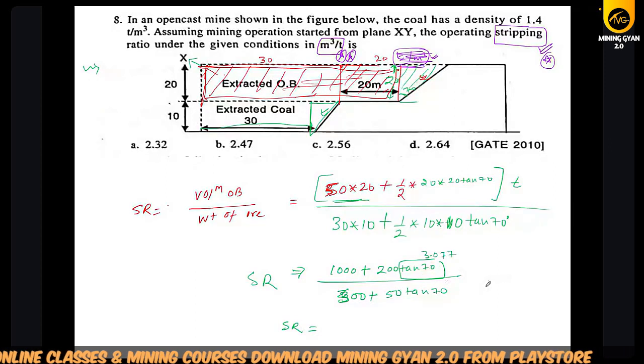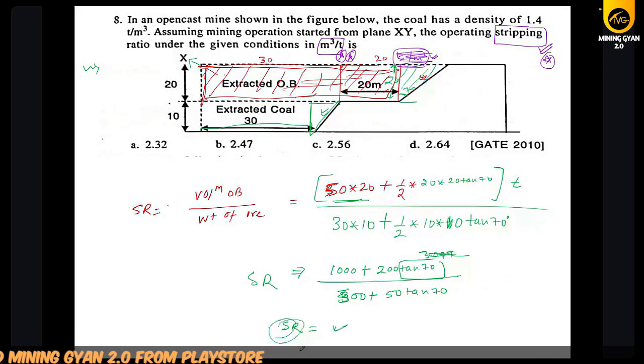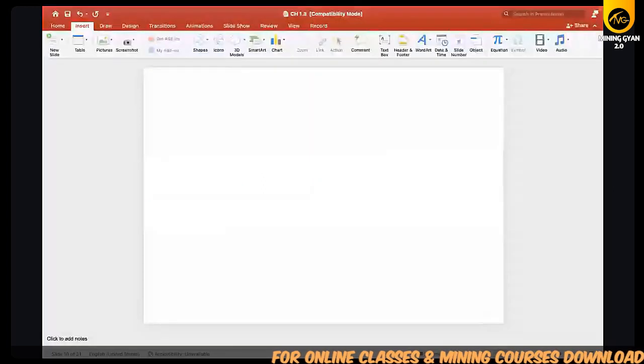Taking the value of tan 70 as 3.077, and then we will solve, you will get the stripping ratio. Okay, so you should know that the stripping ratio is the volume of the OB divided by the weight of the ore. So how you will calculate the volume, you should know. And yesterday I had also explained how to calculate the volume.